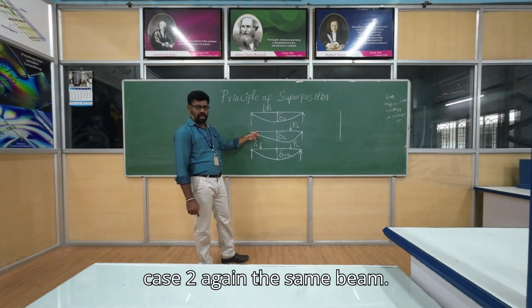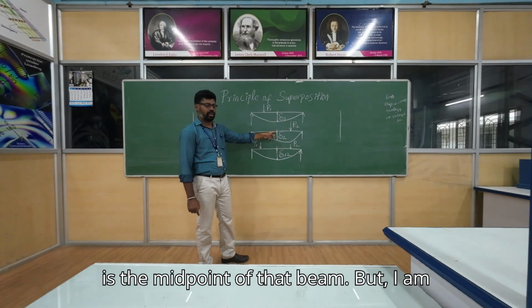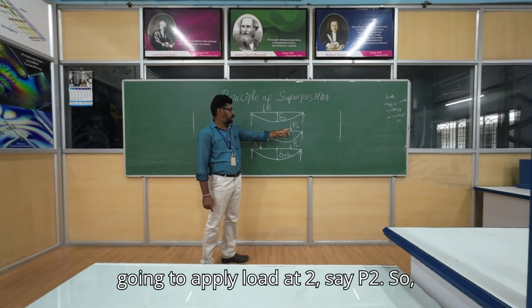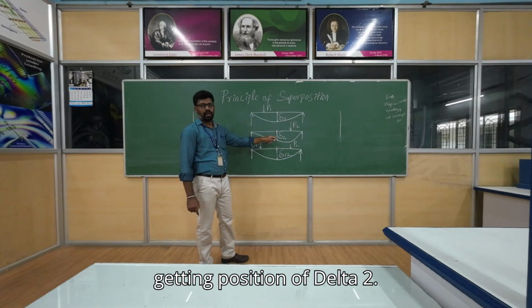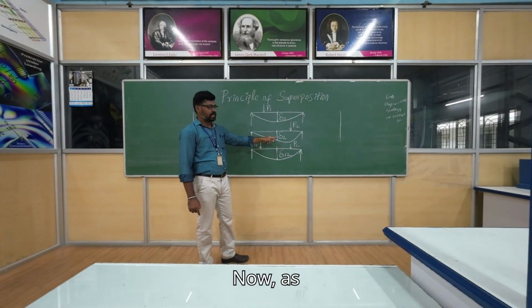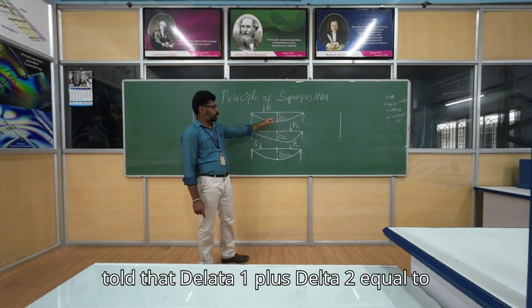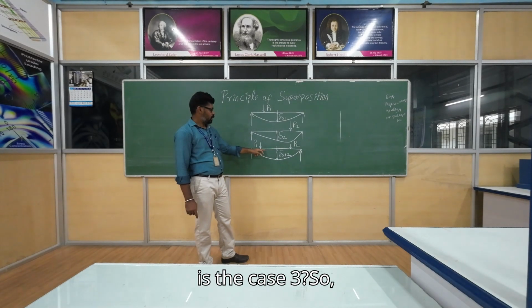Due to load P1, I am getting a deflection of delta 1 of this beam. Then similarly for case 2, again the same beam, I am taking the same reference point, which is the midpoint of the beam, but I am going to apply the load at point 2, say P2. Because of this load P2, I am getting a deflection of delta 2. As per the principle of superposition, delta 1 plus delta 2 equals delta 12. Now let us see case 3.